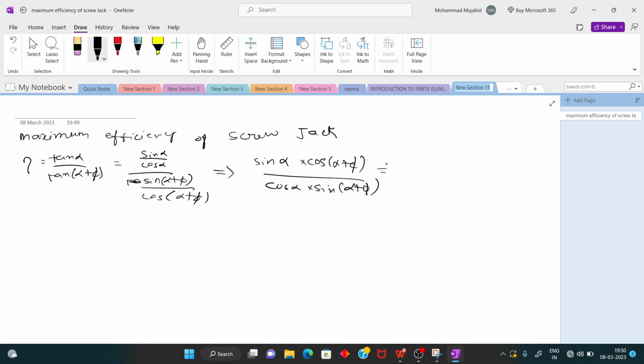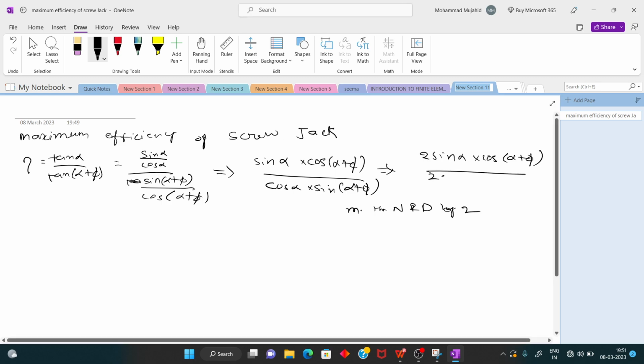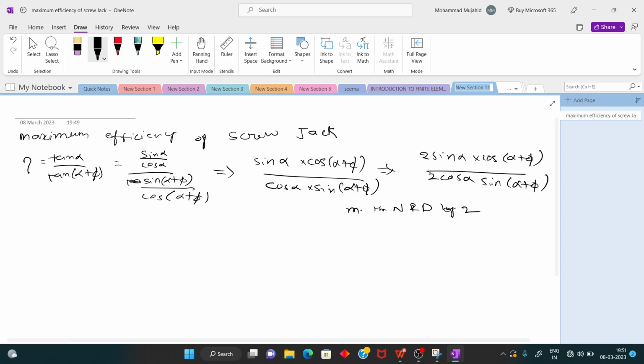Now we are multiplying the numerator and denominator by 2. Then you get 2 sine alpha into cos of alpha plus phi by 2 cos alpha into sine of alpha plus phi.